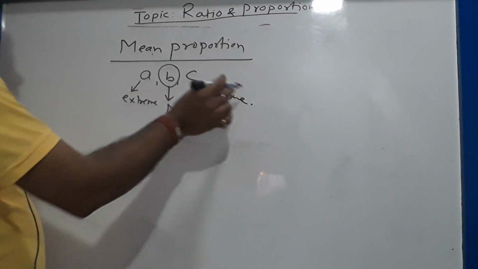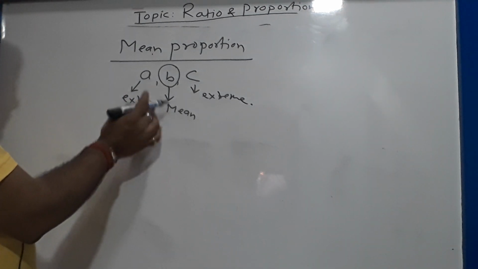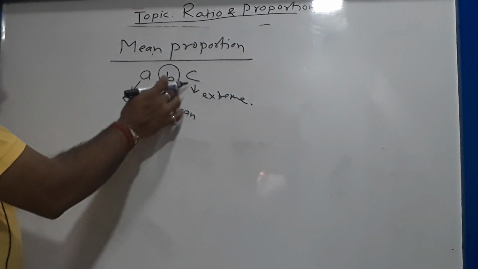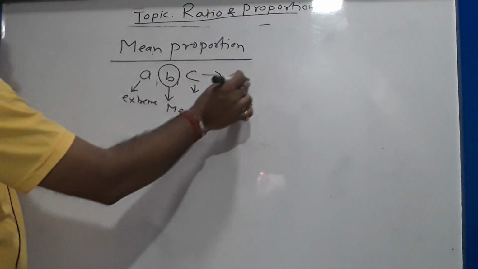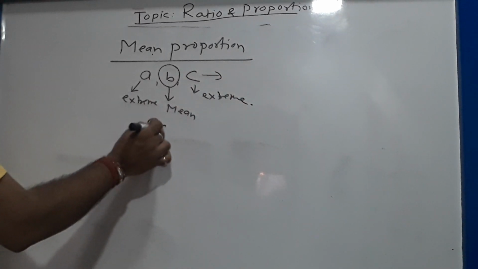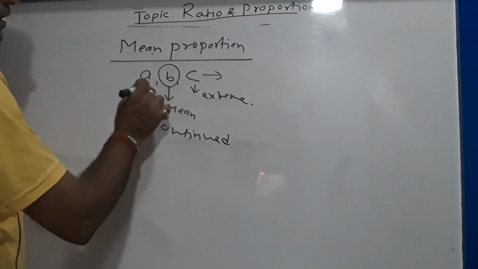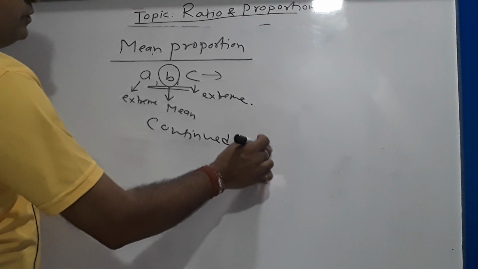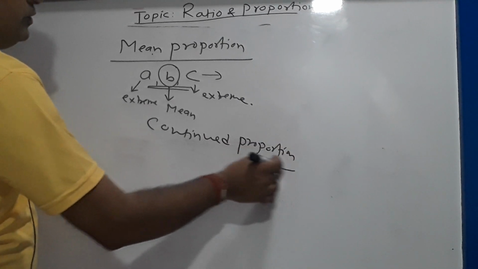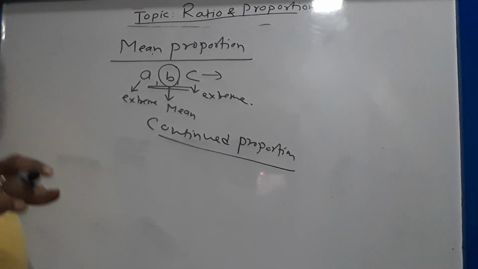Correct? So when you want to find the mean value, then A, B, C are in continued proportion. When three numbers are given, they are in continued proportion. Three numbers are given, find the mean value.